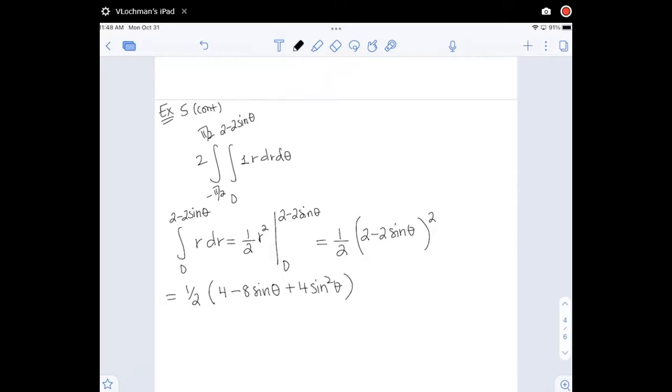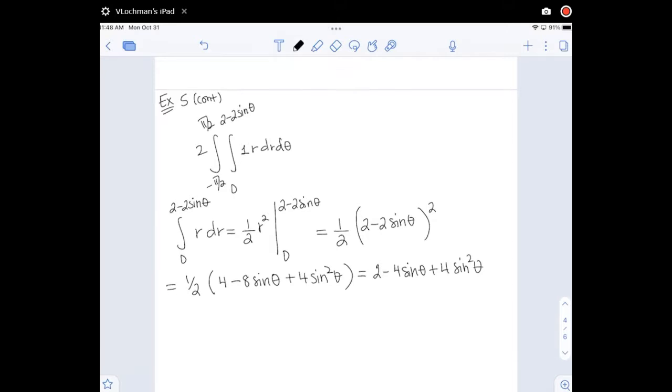Now if we multiply by 1/2, what do we get? This is 2 minus 4 sine theta plus 4 sine squared theta. All right, so that's our inner integral.